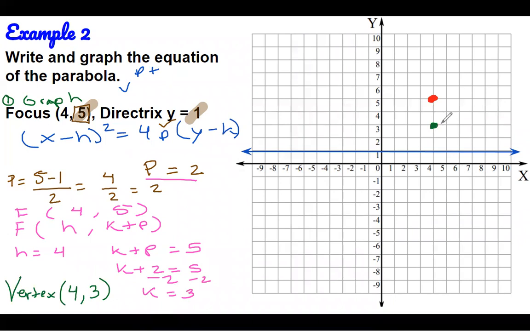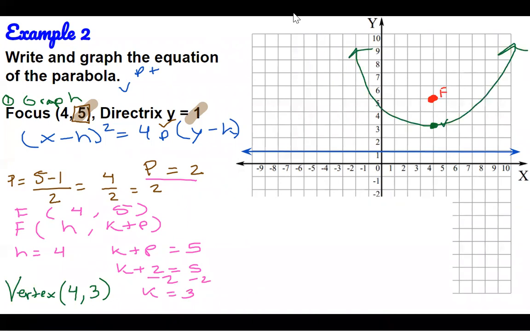Okay, now let's write my beautiful equation. So, standard form. (x minus h) squared equals 4p (y minus k).